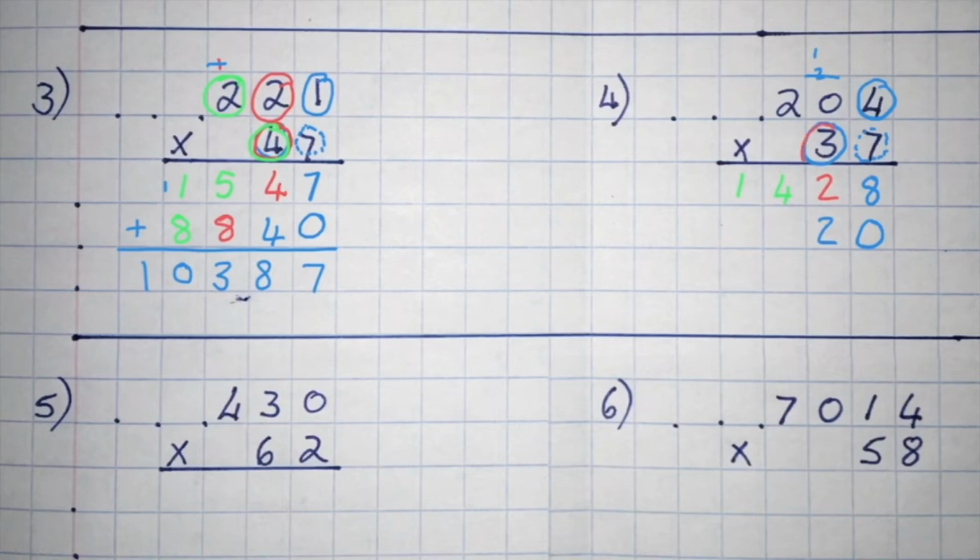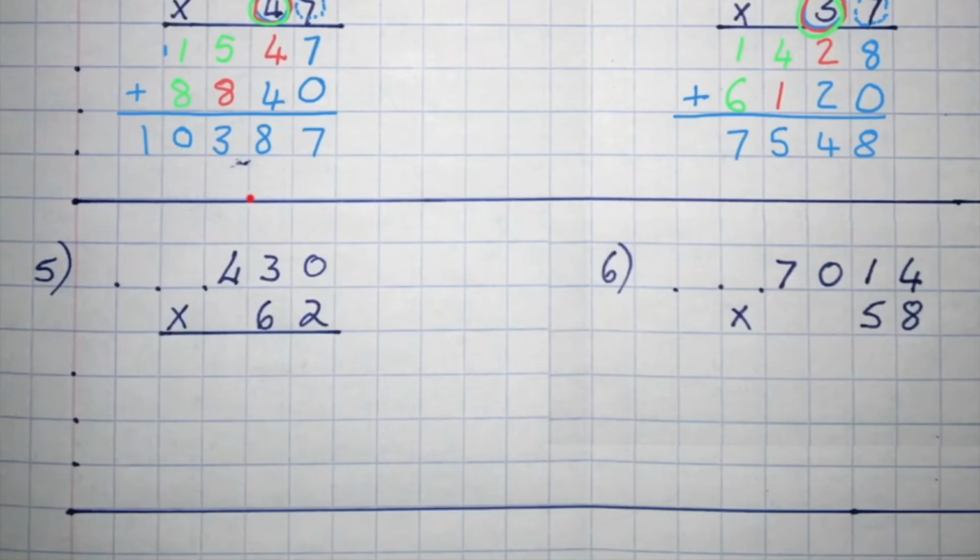Now I have 3 times 0 is 0, and I add the carry, and I have 1. I now have 3 times 2, and 3 times 2 is 6. There are no further numbers, so I'm going to add 8, 4, 5, and 7. Skip a line and rule off.